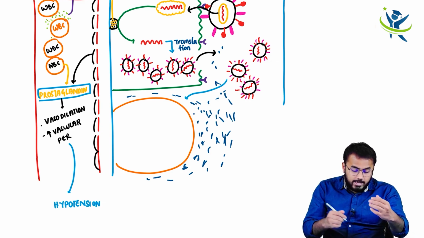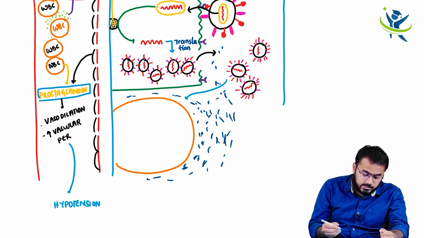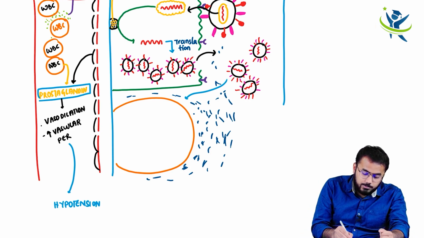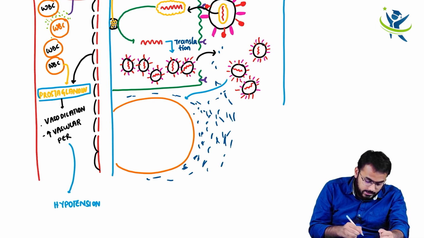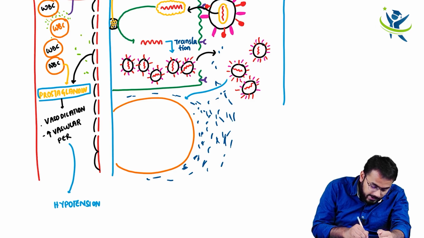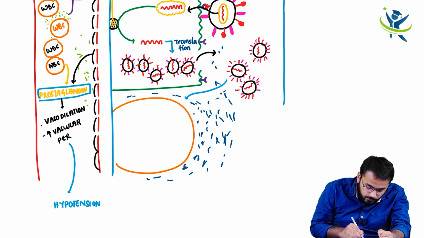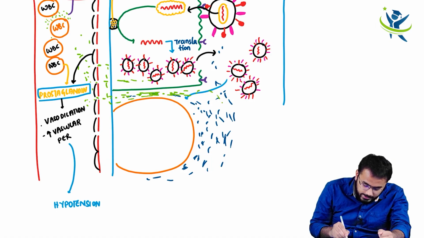So when there are minute gaps within these endothelial cells, guys, what is going to happen in this patient is, all the fluid from the blood vessel enters into the lumen. You can see the fluid is entering into the lumen like this. You see from here also, the fluid is entering into the lumen.